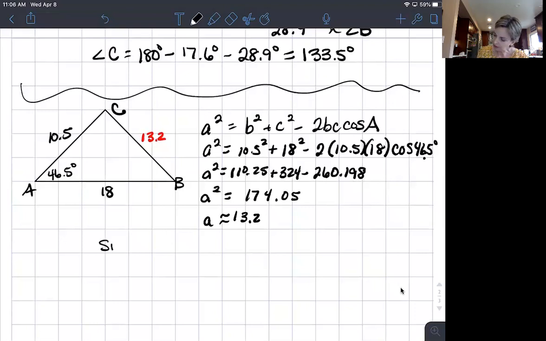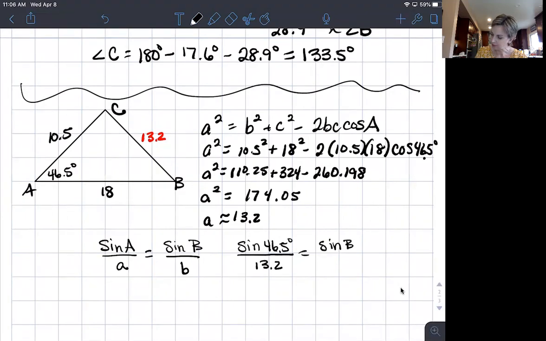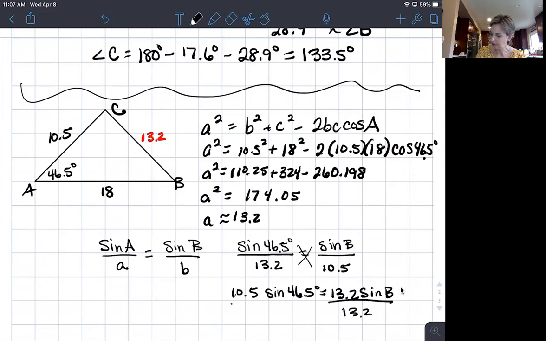Okay, so I know I have an angle-side pair with A, and I'm solving for B. So sine of A, 46.5 degrees, over side A, which is what I just solved for, equals sine of B over side B, which is 10.5. Cross multiply: 10.5 times the sine of 46.5 degrees is 13.2 times the sine of B. Then to solve for B, divide by 13.2.